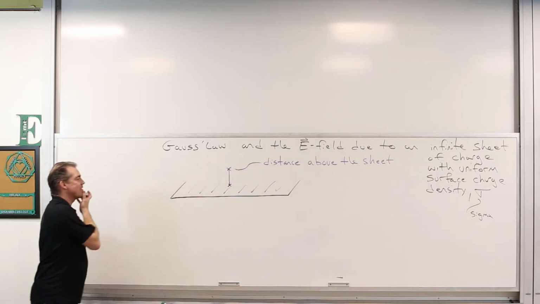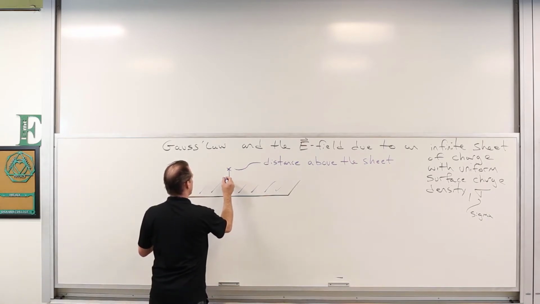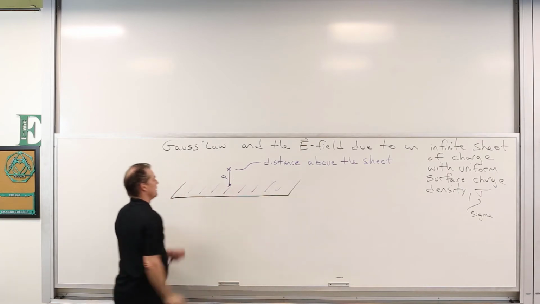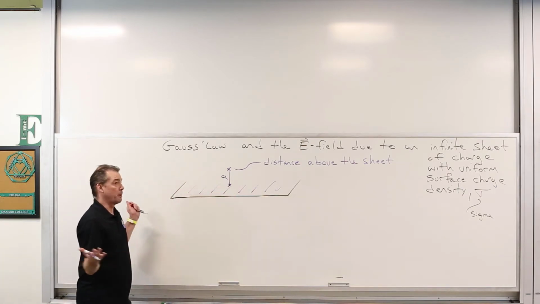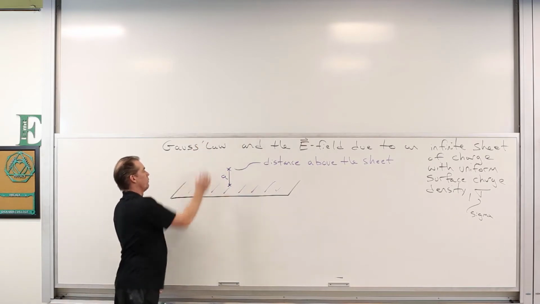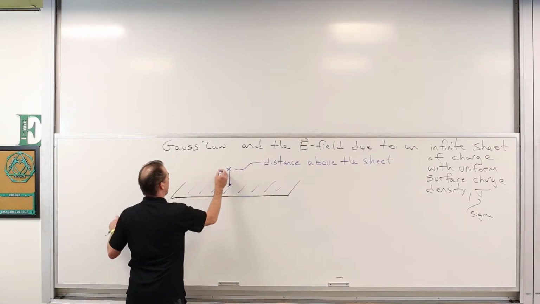And let's call this distance above the sheet A. So this little X there is on the sheet, somewhere on the sheet, and then we're a distance A above it. And that's where we want to know what the electric field is at that location.